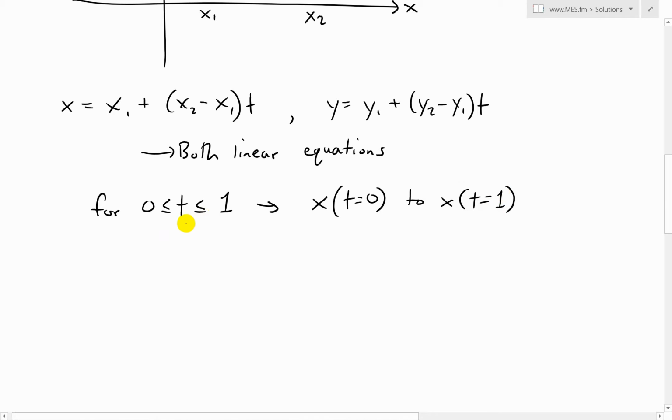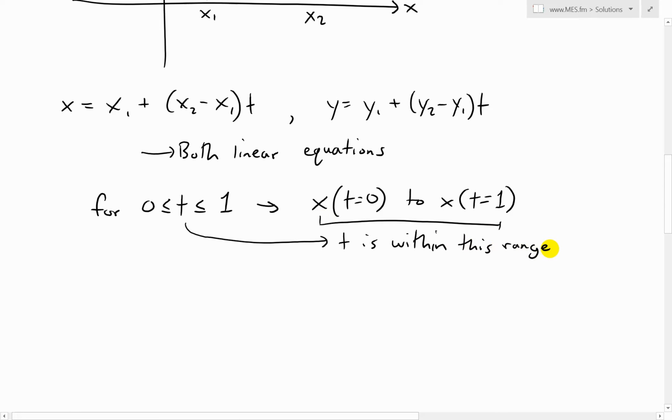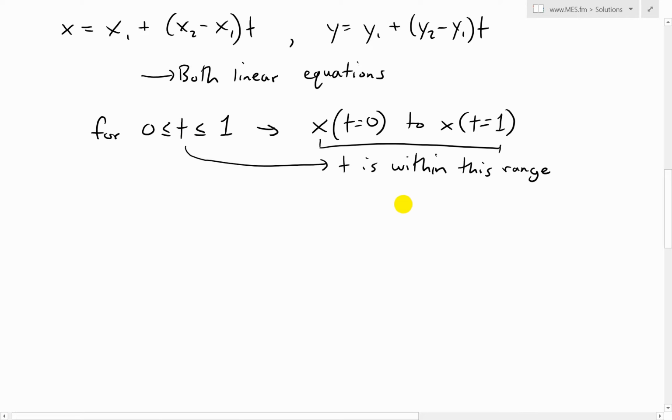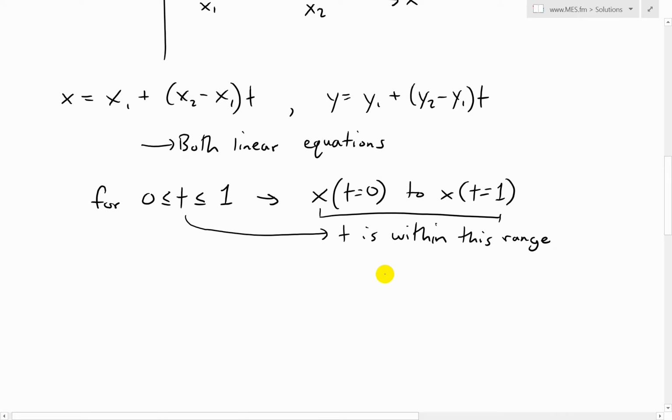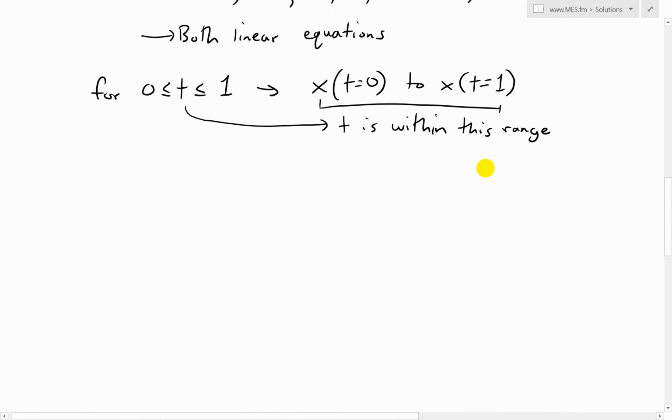So this t right here corresponds to within this range. If we have, let's say, t is 0.5, that has to be somewhere in between these two, because it's a linear equation. It has to go directly there. There's no ups and downs, etc.